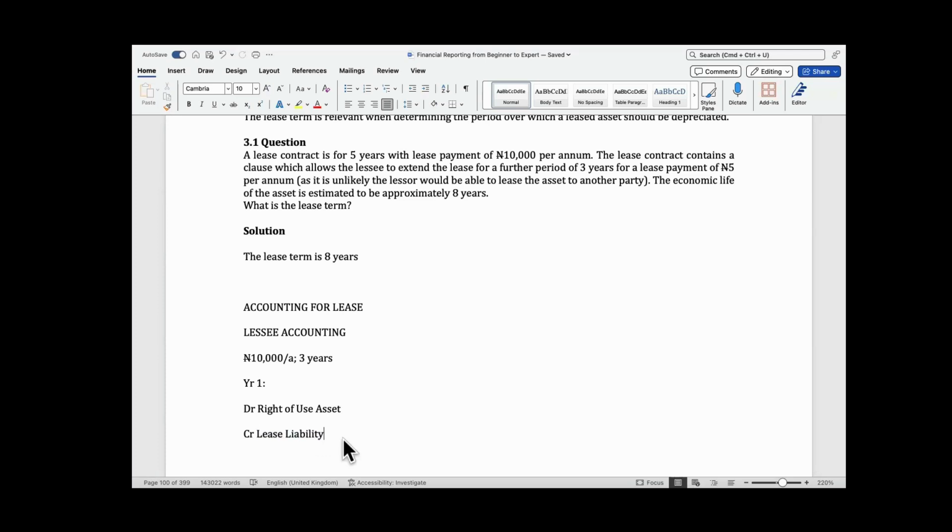What I would have expected to hear was probably maybe in year one, would debit rent to P&L and probably credit payable, since we have not paid it, since they say we should pay at the end of the year. That's what I would have expected primarily from you. But you would actually know the right thing, but you don't know why we are debiting right of use and crediting this liability. So I need you to listen attentively. Unfortunately, our network has thrown her out.